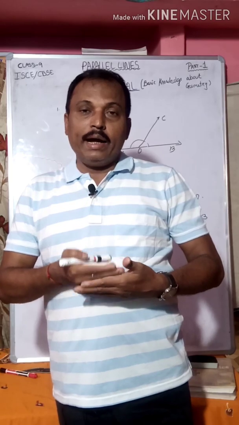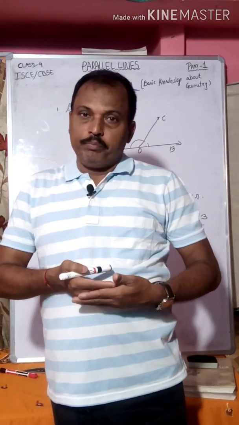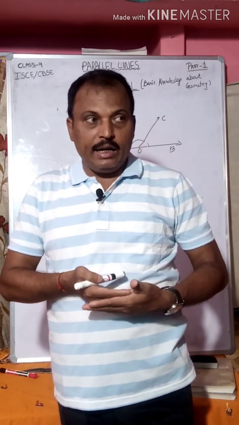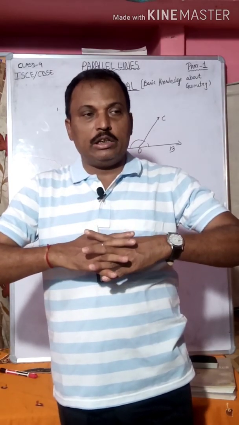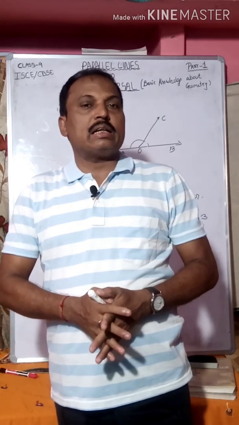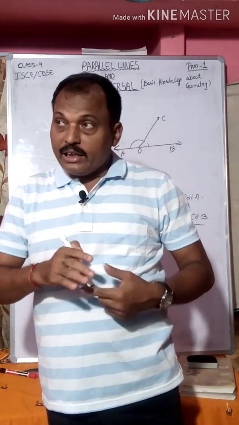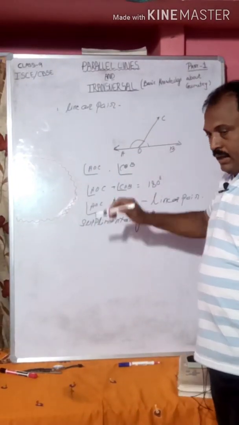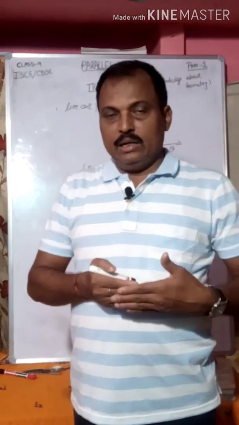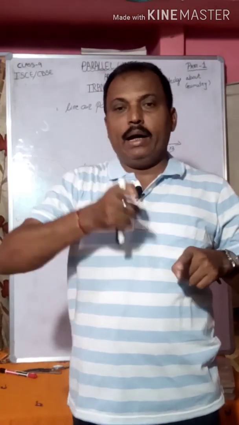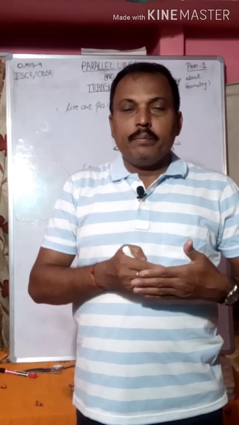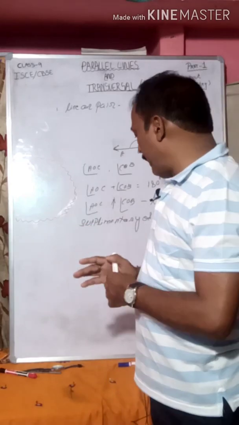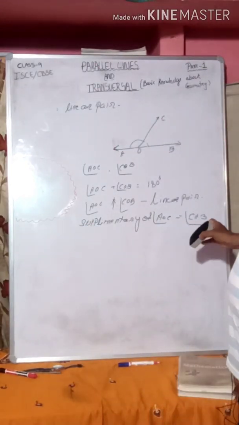When two angles are adjacent and the sum is 180 degrees, or they are supplementary to each other, then the two angles form a linear pair. Whenever there is one line and one ray on it, a linear pair is formed. So this is the linear pair. Take a screenshot.